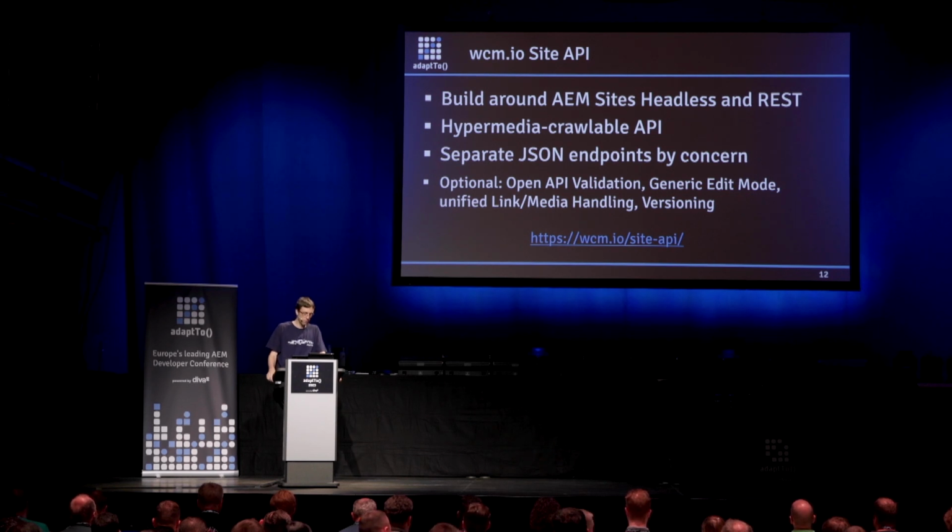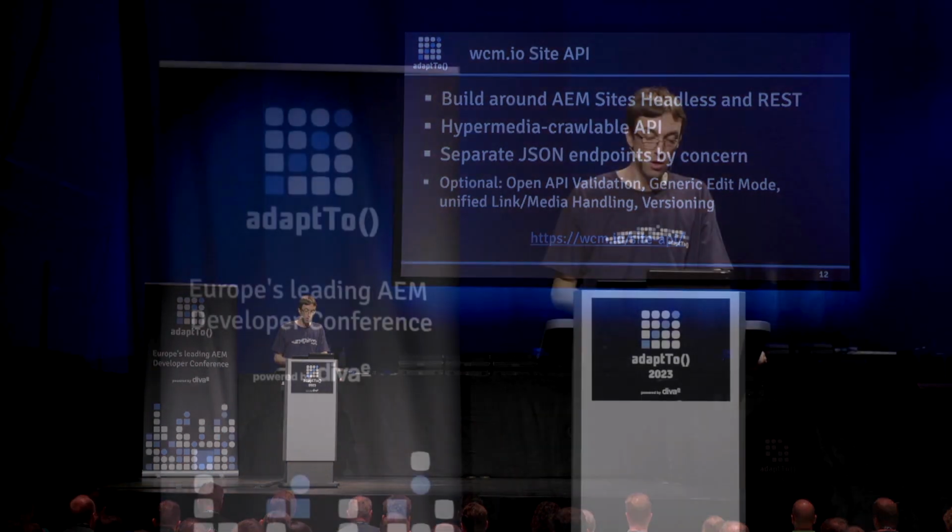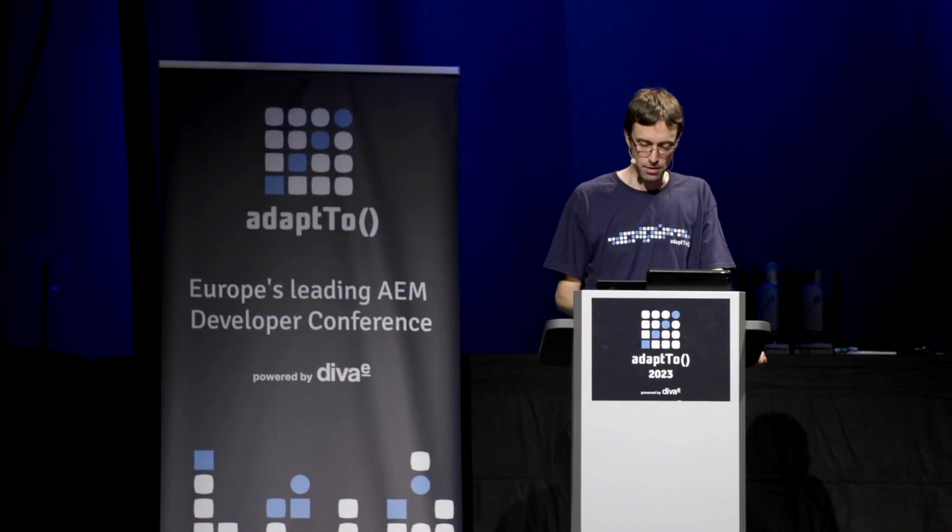We provide support for Open API validation, a generic edit mode helper so you have a visual representation, unified link and media handling in your JSON API, and optionally versioning of your API on the API level.